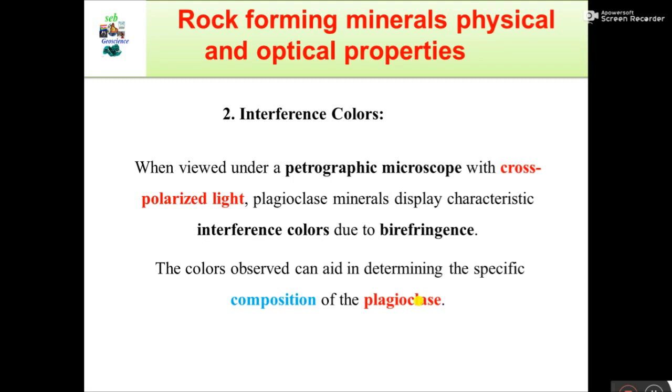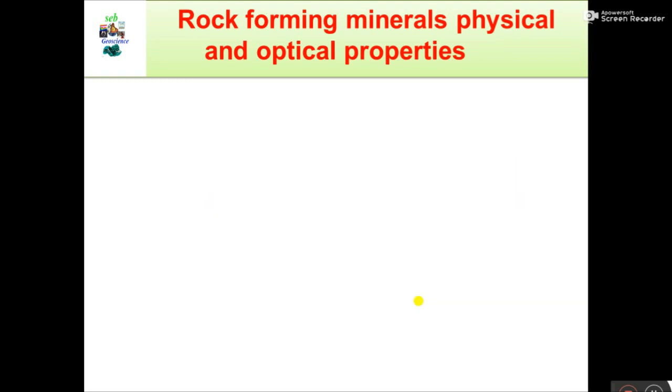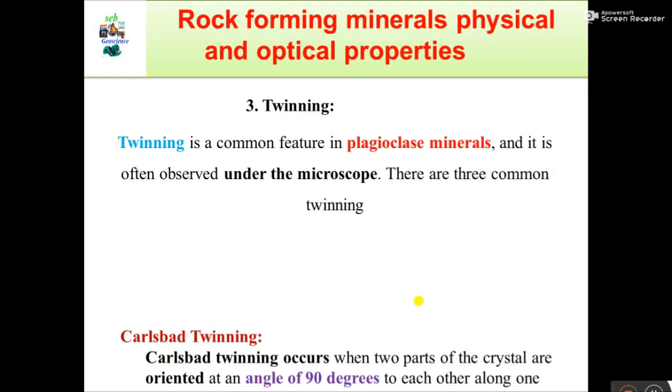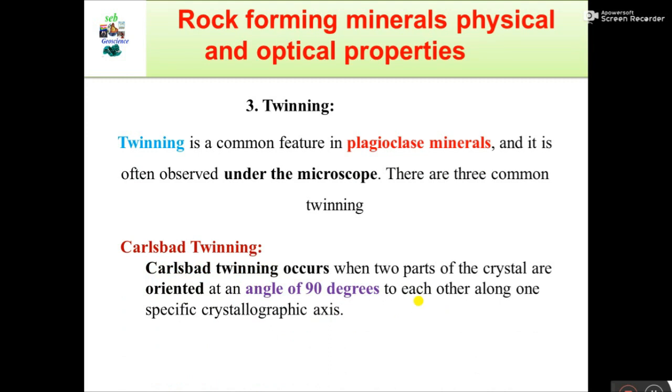The color observed can aid in determining the specific composition of plagioclase. So this is a basic and very important optical property to determine plagioclase using a microscope.